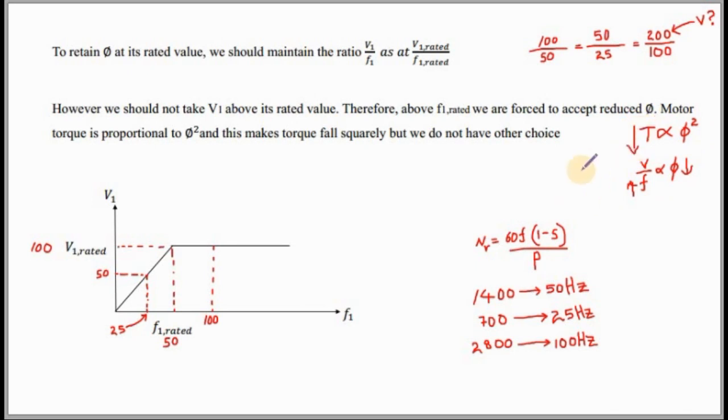Now let's take an example. Let's say we need to operate the same motor at 2800 rpm. Rotor speed is 2800 rpm.